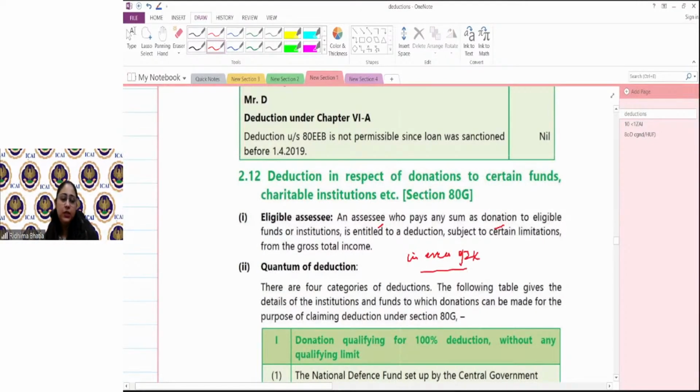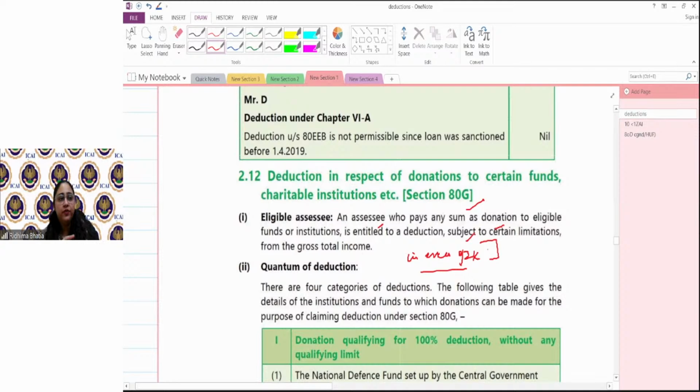As in, up to 2000 cash donation is allowed. More than that can be made, but you cannot claim it. So to claim 80G, the donation should be through an account payee cheque, account payee bank draft, UPI, electronic clearing system, any mode, but not cash. Donation can also not be in kind to claim section 80G.